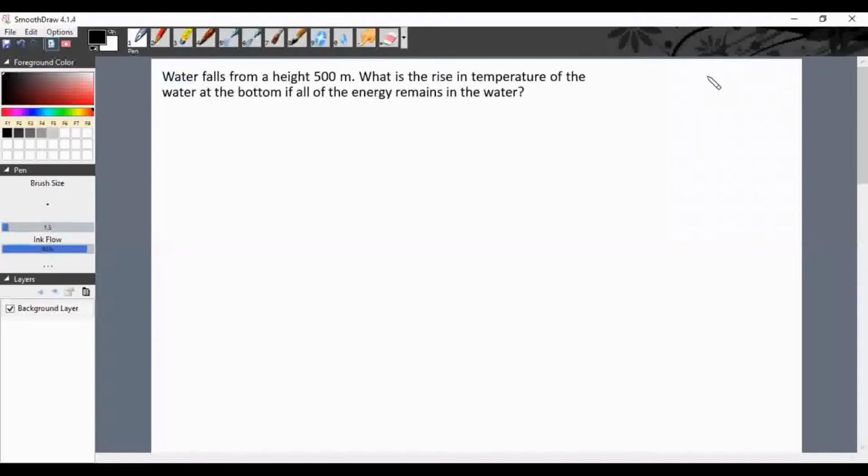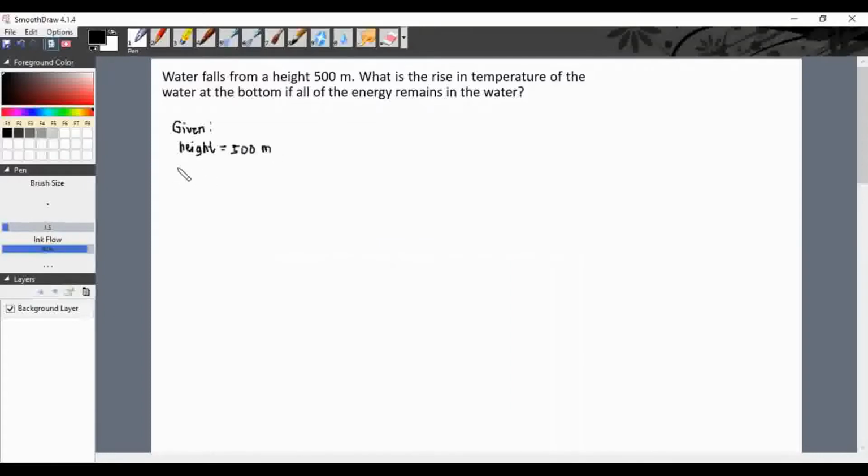Water falls from a height of 500 meters. What is the rise in temperature of the water at the bottom if all of the energy remains in the water? So from the problem, we have the given: the height of the waterfalls, which is equal to 500 meters.